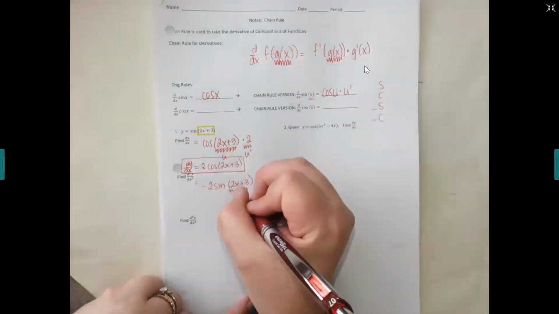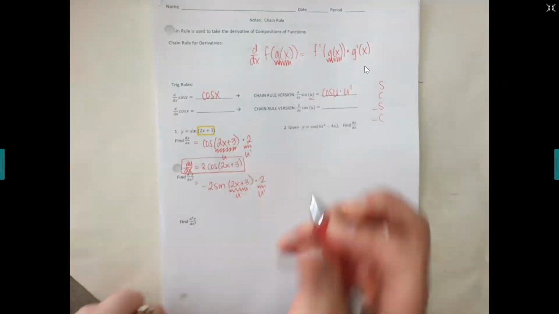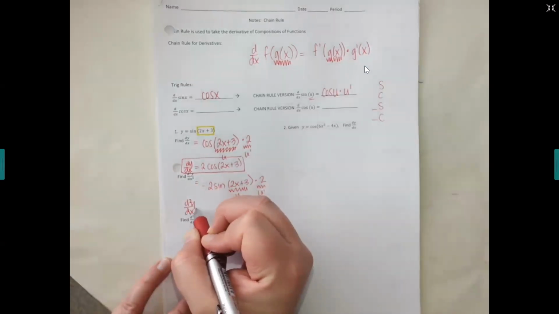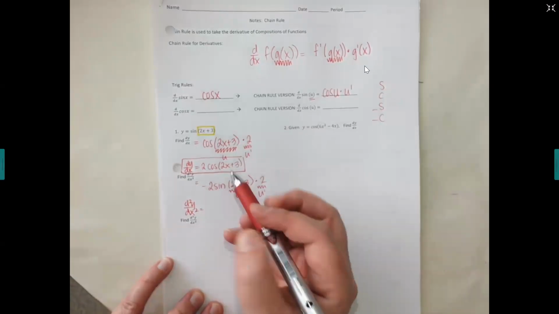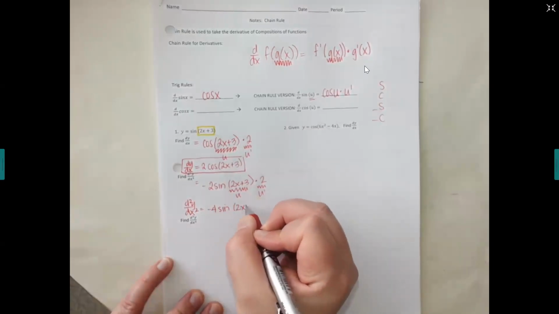So the derivative of 2x plus 3 would be an extra times 2. Then from there, we're going to rewrite it. D squared y dx squared, remember that just means second derivative, would be 2 times a negative 2 in the front is negative 4 sine 2x plus 3.